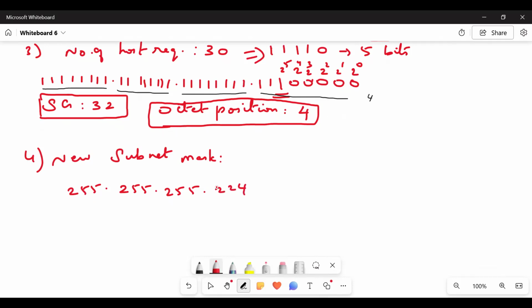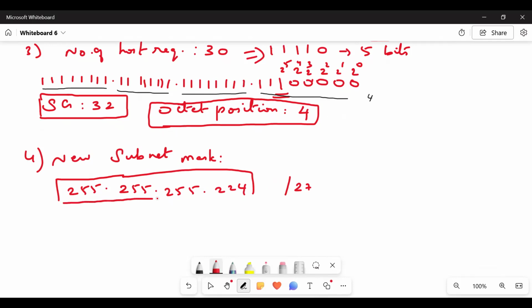If you write in CIDR, it means slash number of ones. 8, 16, 24, 25, 26, 27. If you write in this format, we can write in slash notation, slash 27. Okay. So this is our new subnet mask.